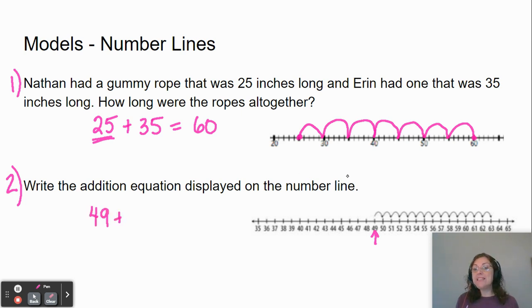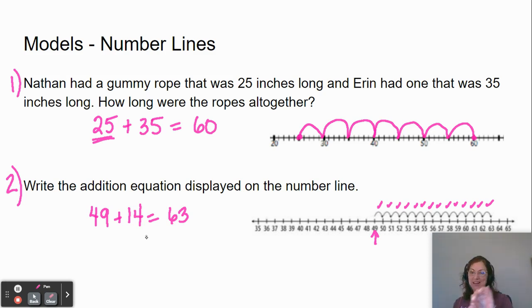And then how many did we jump? Well, this one actually jumped by one, so we got to count them. 1, 2, 3, 4, 5, 6, 7, 8, 9, 10, 11, 12, 13, 14. So they added 14 to then land at 63. So you see how if the number line is drawn, you can actually read the problem from it.